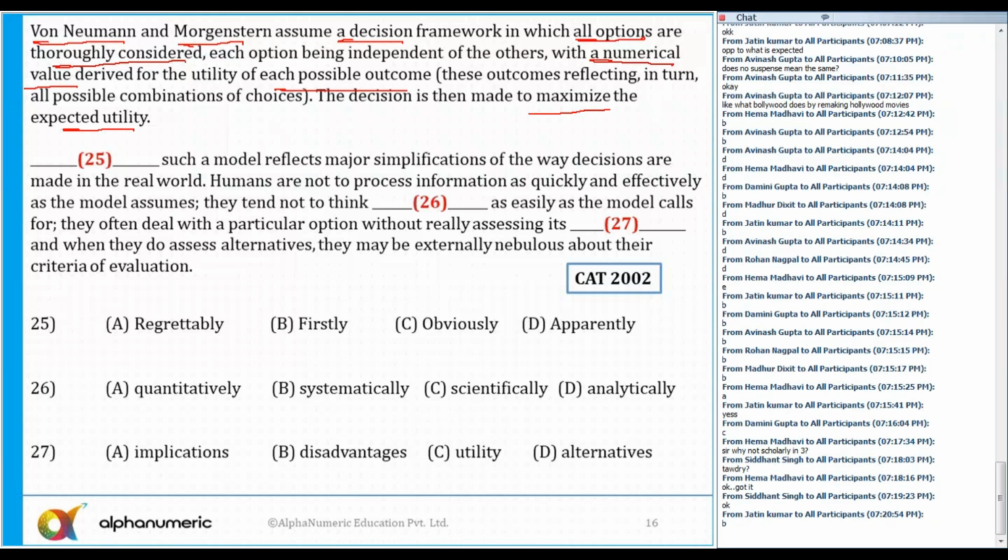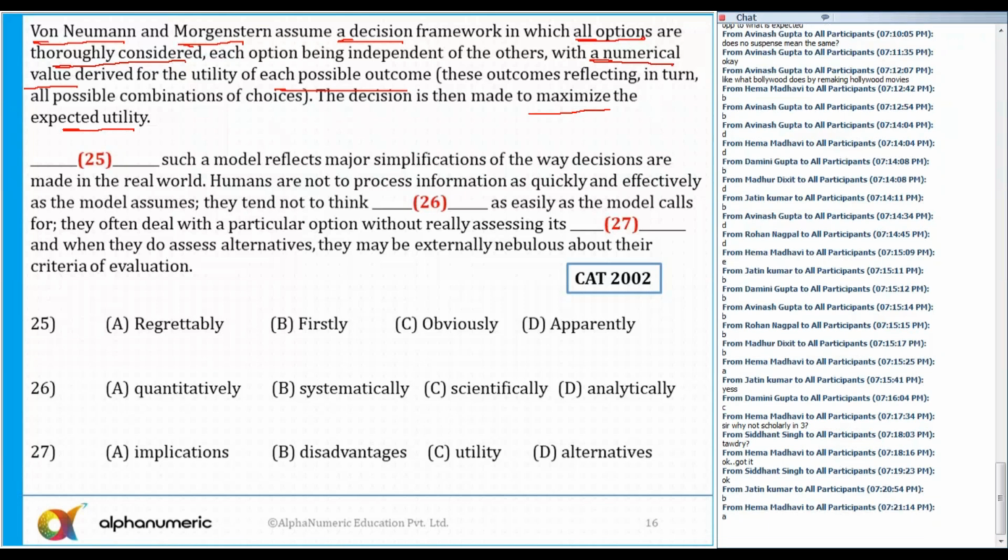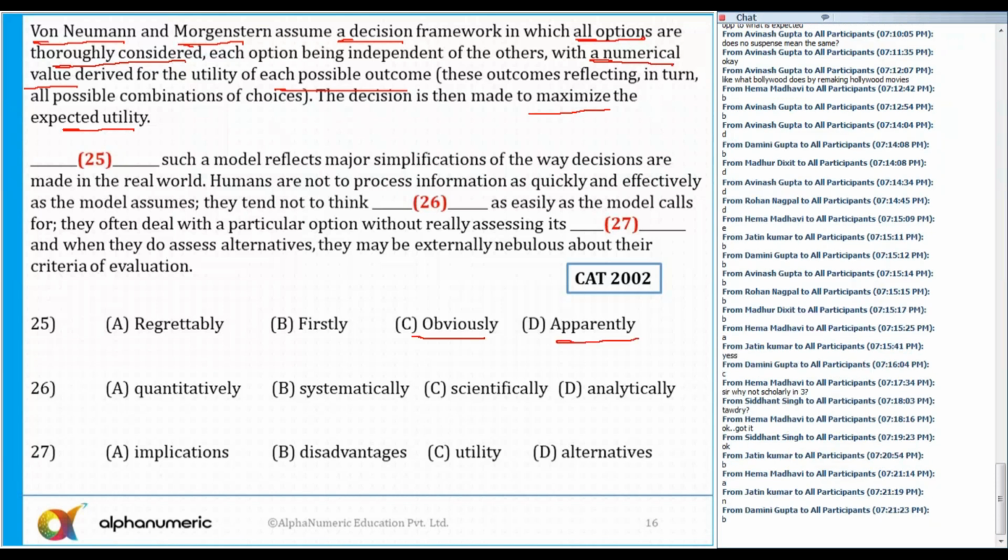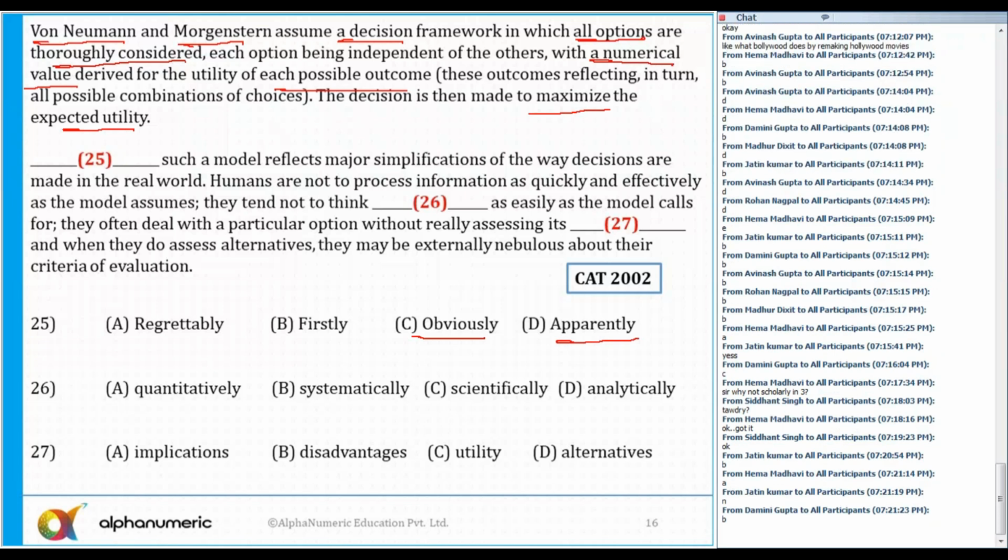That is not how decisions are made in the real world. Okay, so can it be apparently? If it is apparently, then it has to be obviously also. Logically, it can be obviously and apparently both. But these two are synonyms. Apparently and obviously are synonyms. So I cannot choose one over the other.